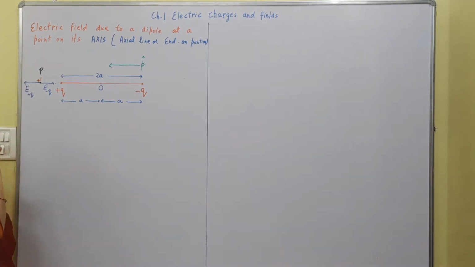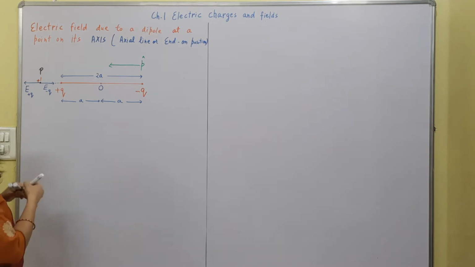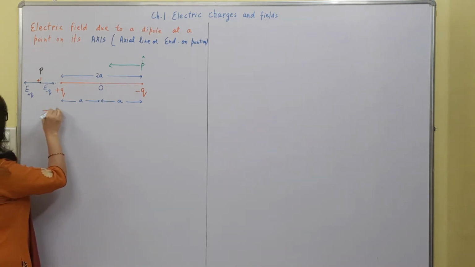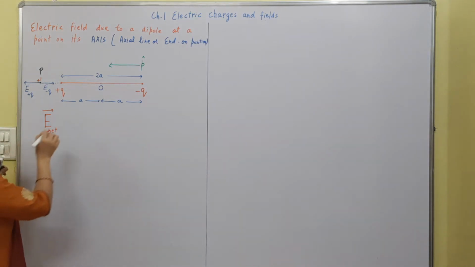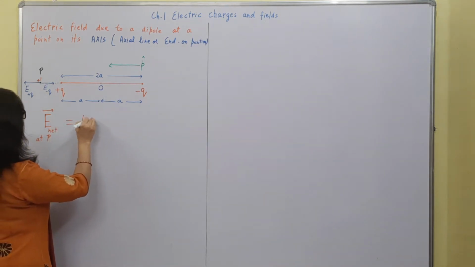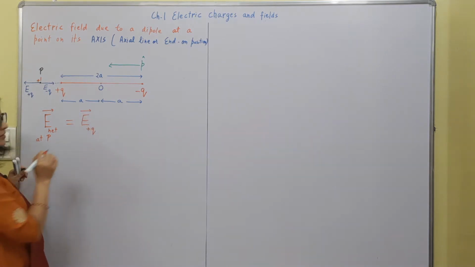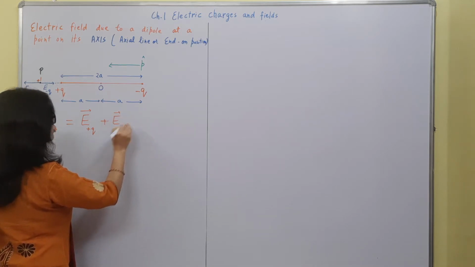Now we have to find the net electric field at point P. So again, the vectors concept: the net electric field at point P will be the vector sum of the electric field due to +Q charge plus the electric field due to -Q charge.